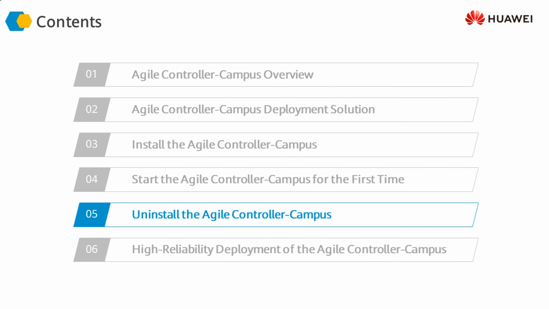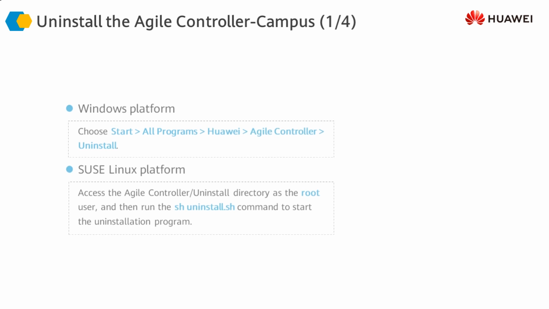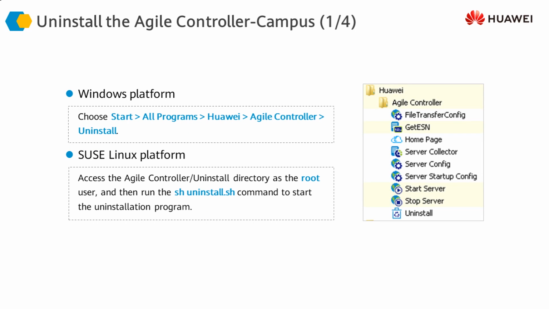If, however, at any point in the future we want to uninstall the system, we can use the start menu and select the uninstall option. This will uninstall the Agile controller server.